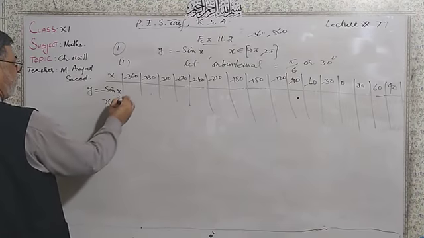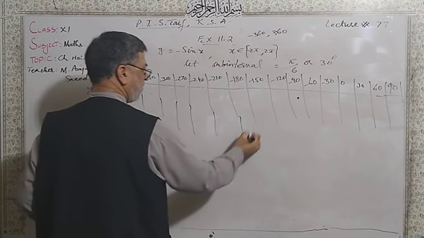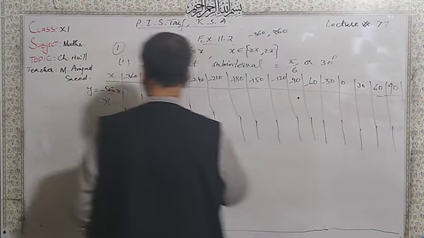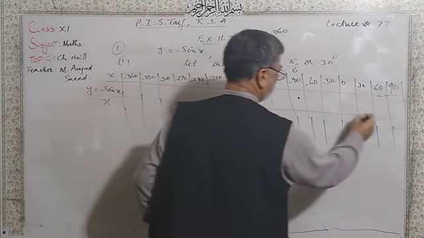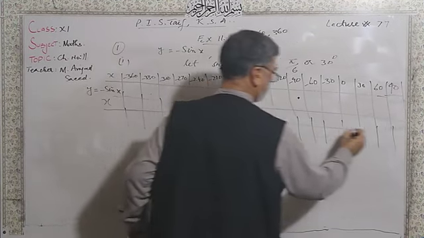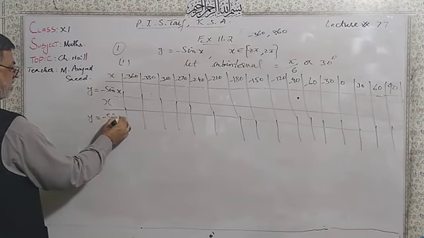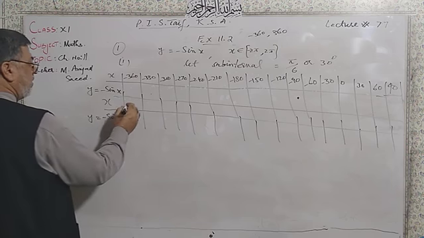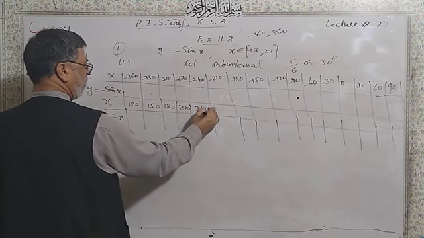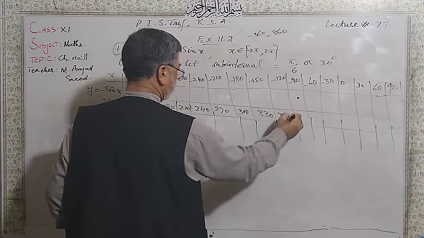Again we have value of x. Dear students, this is value of x and here is y is equal to minus sin x. Then 120, 150, 180, 210, 240, 270, 300, 330 and 360.